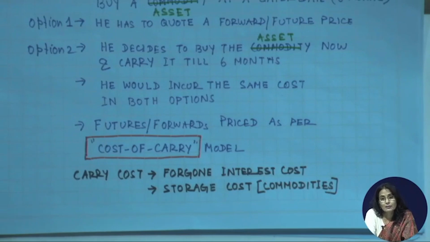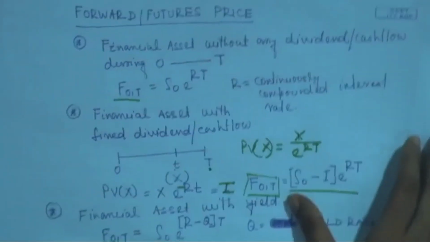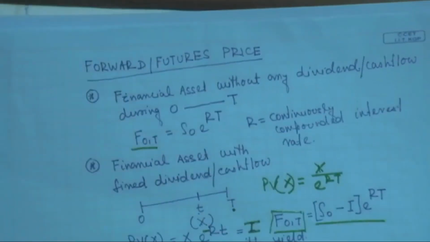Now let's take a numerical example to understand how this cost of carry model is calculated using both a financial underlying as well as a commodity underlying. Let's go to our understanding of this forward or futures price.